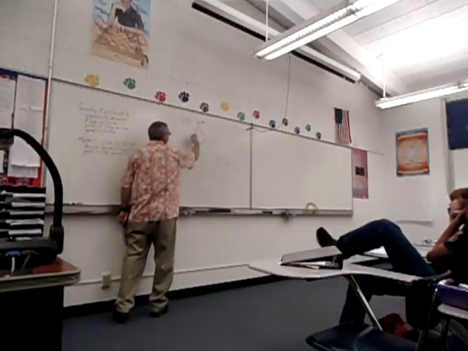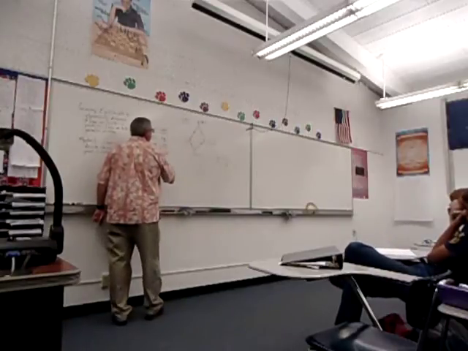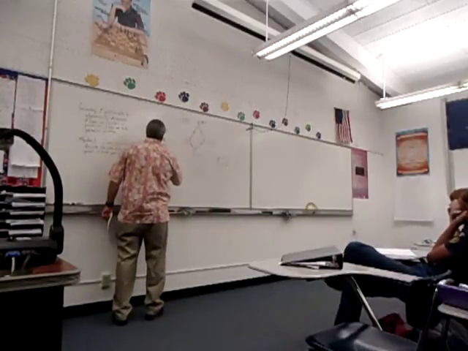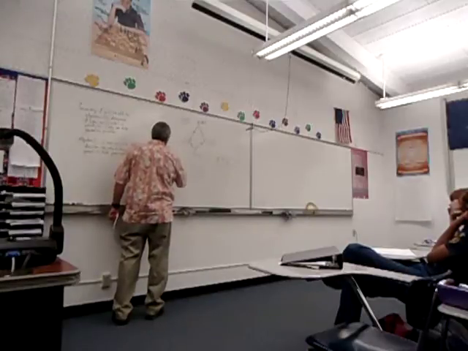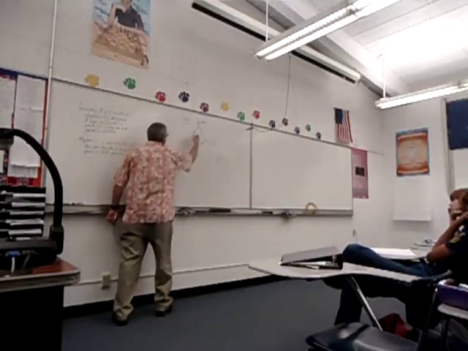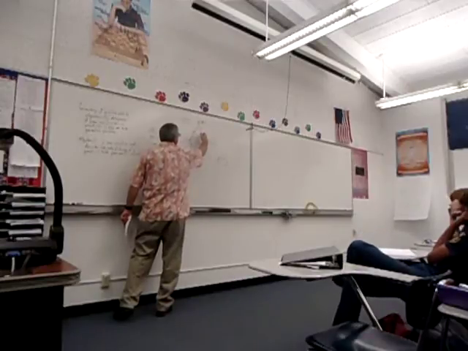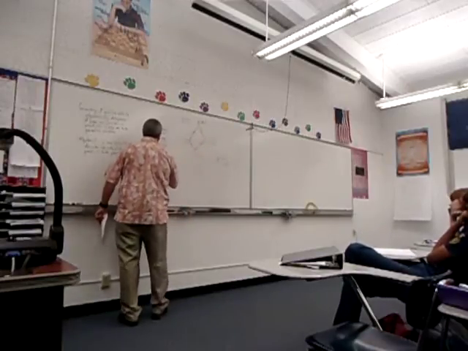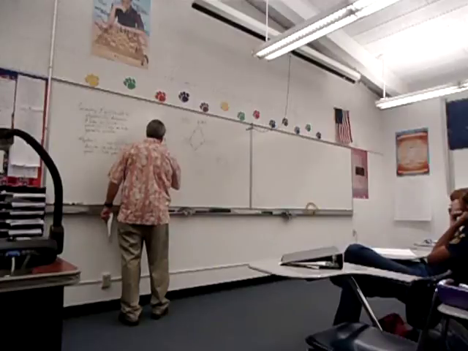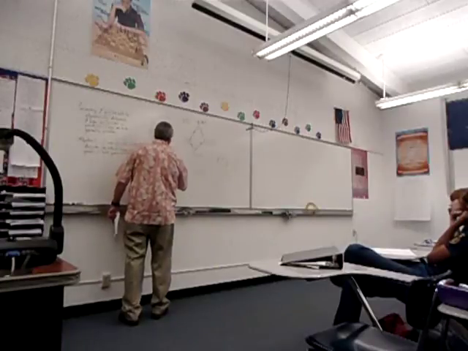That would be this one. Is line AB going to be perpendicular to BC? That would be this one and this one. And then is BC going to be perpendicular to CD?